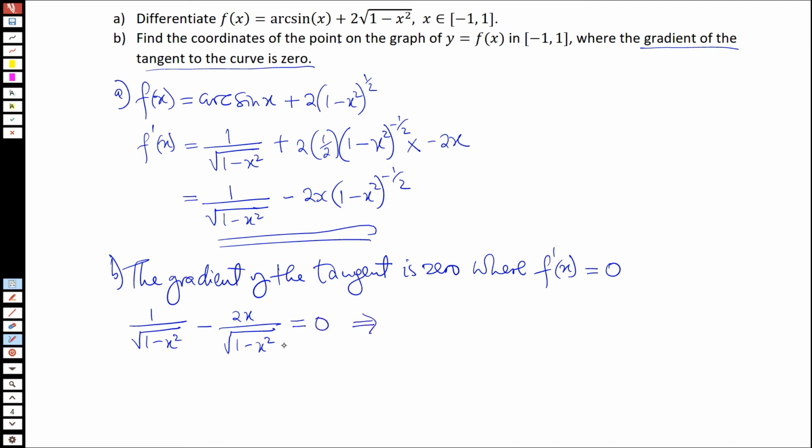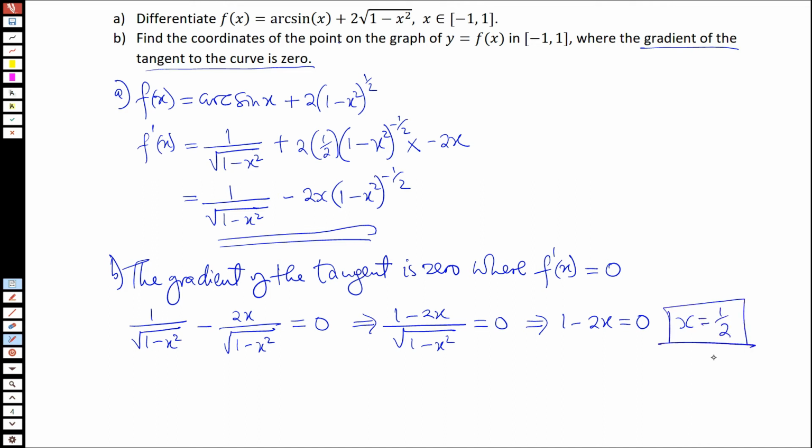Because they have the same denominators, we can write this as 1 minus 2x over square root of 1 minus x squared equal to 0. If you multiply this by the denominator, it'll just be 0. So you have 1 minus 2x equal to 0, and that means that x will be equal to a half. So at the point where the gradient of the tangent is 0, x equals a half.